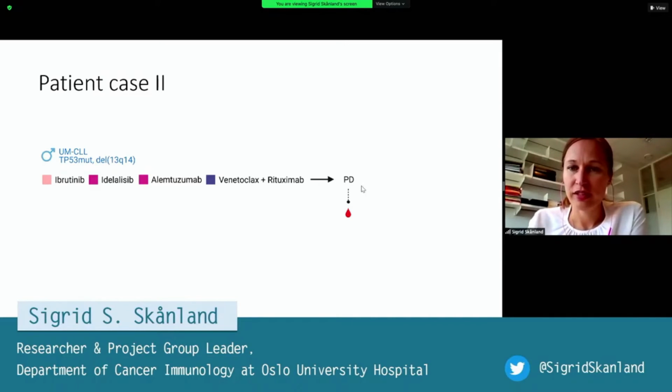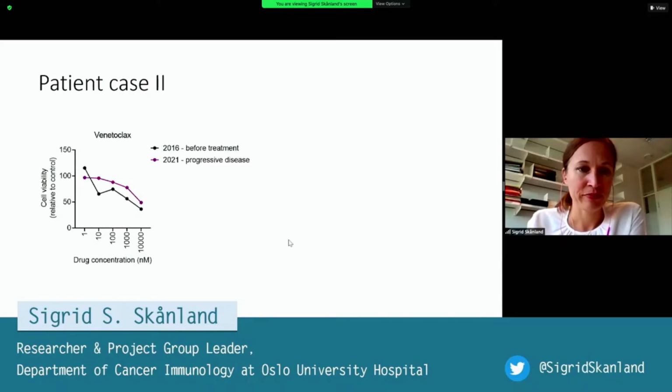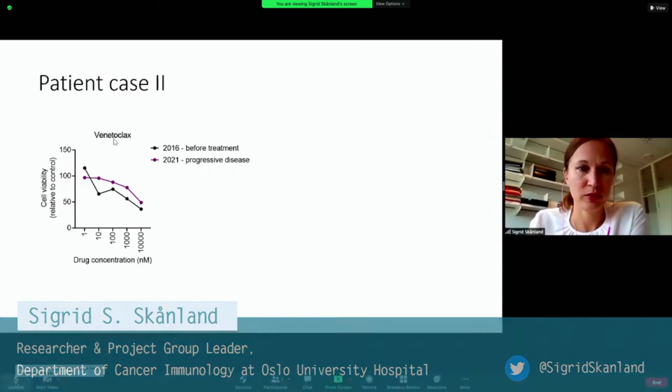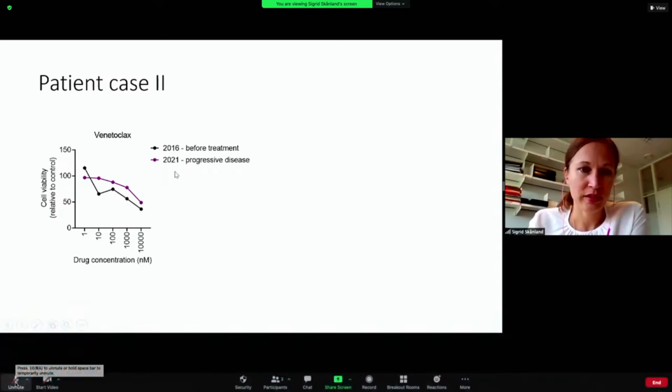And then the physician contacted me and asked if we could perform a drug sensitivity screen. So we collected the blood sample from him. And we could confirm that the sensitivity to venetoclax, which he had been treated with, was now lower in the cells when he had progressive disease compared to before he started on this treatment.